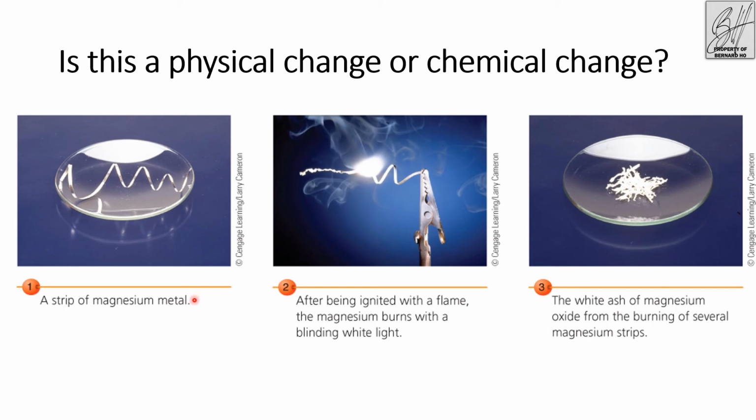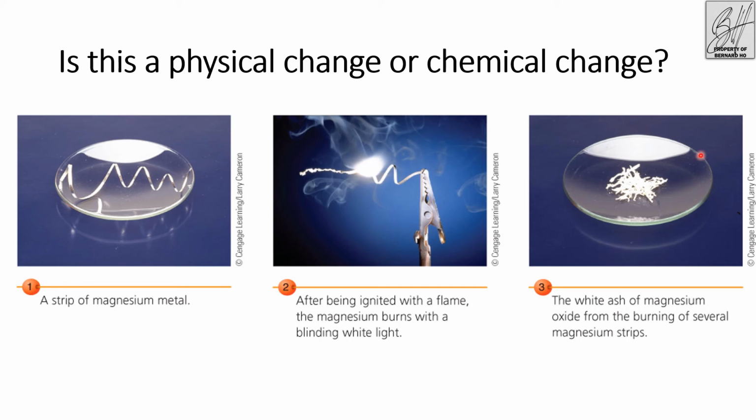To determine if the change we're observing is a physical change or a chemical change, here we have on the left panel a strip of magnesium, and by appearances it looks metallic, it's lustrous, and we ignite this strip of magnesium. As a result, the combustion, seen here in the middle panel, produces a final product, which is this white ash of magnesium oxide.